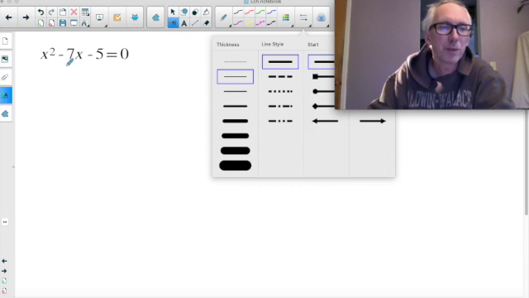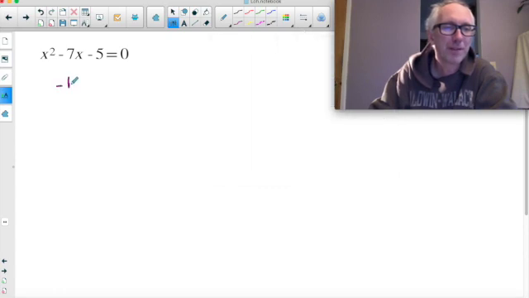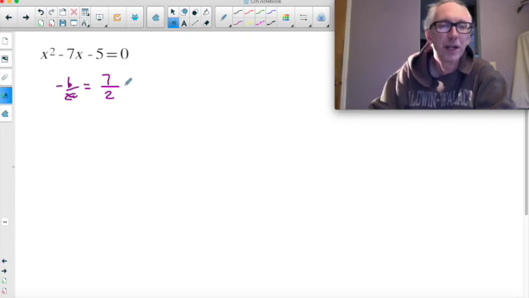All right, we have x squared minus 7x minus 5 equals 0. Okay, so we're going to find the axis of symmetry, which is opposite of b over 2a. Okay, in this case, opposite of b would be positive 7 over 2.